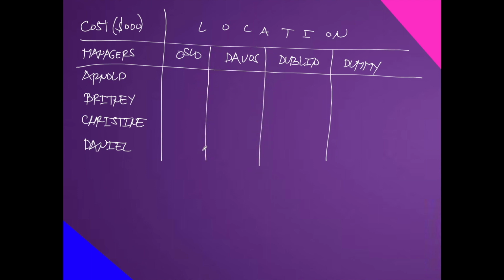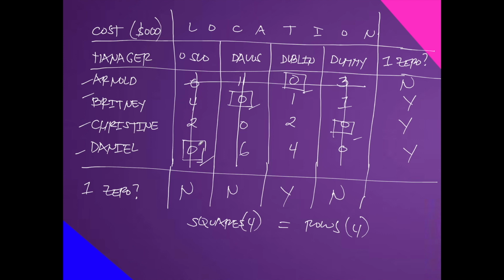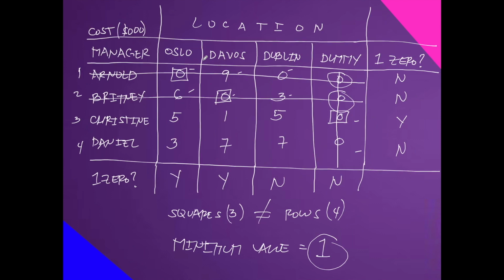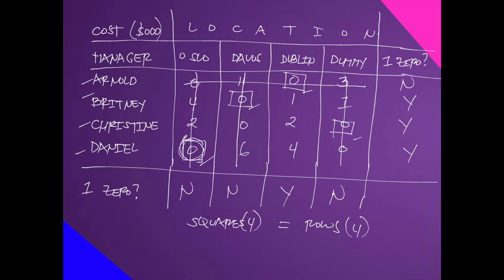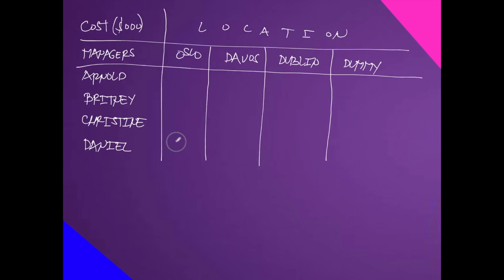Check natin, saan yung mga may square dito. Daniel going to Oslo. Ano yung original na cost nun? Ito yun, given. Daniel going to Oslo, 13. Lagay natin doon, 13. Ibig sabihin, si Daniel ay ilalagay natin sa Oslo na branch. Sa bagong branch.